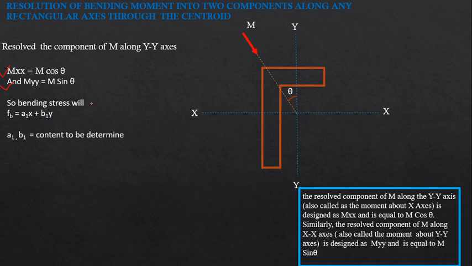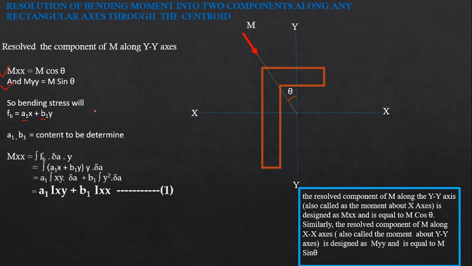So bending stress Fb equals a1 x plus b1 y, where a1 and b1 are the components we need to determine. How are we going to determine them? Mxx will be the integration of stress, area, and the value of y coordinates.